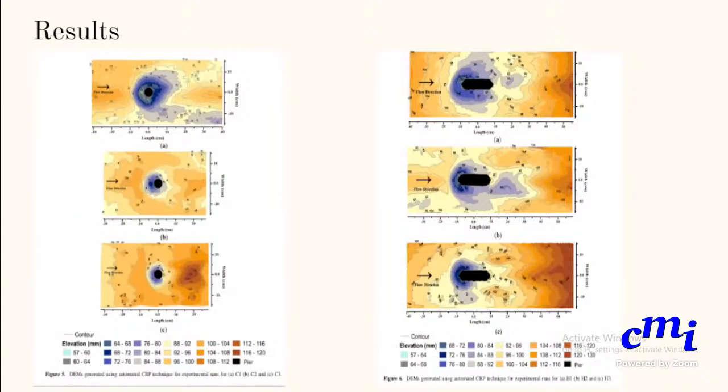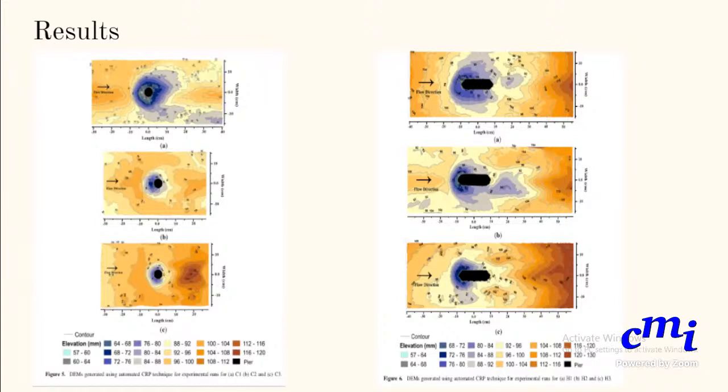Okay, so these are the results. The left ones are three circular scour holes, and the right ones are three hexagonal scour holes. Here, as you can see, the black points are the scour holes, and on the below side there is a color map for elevation.